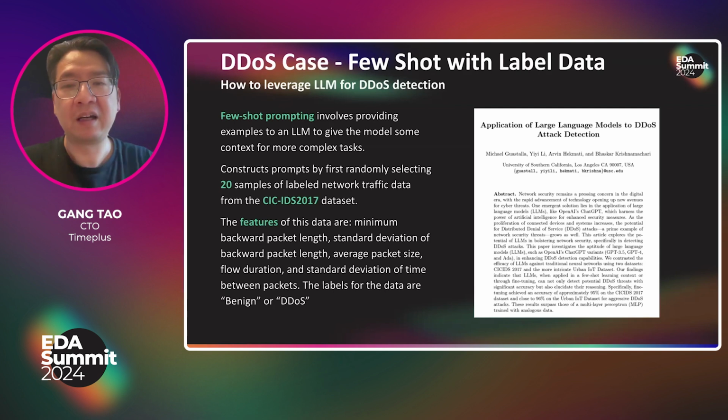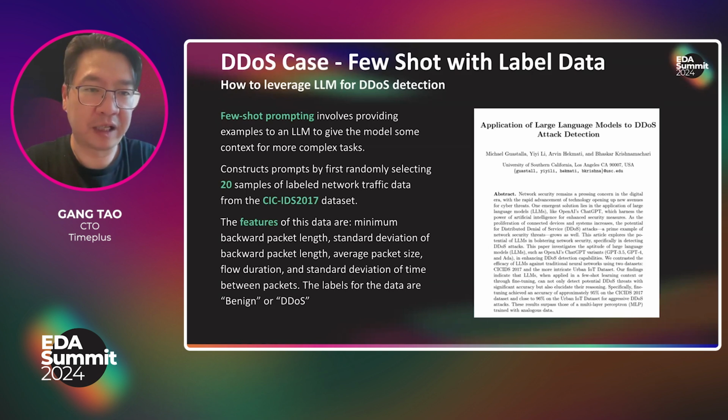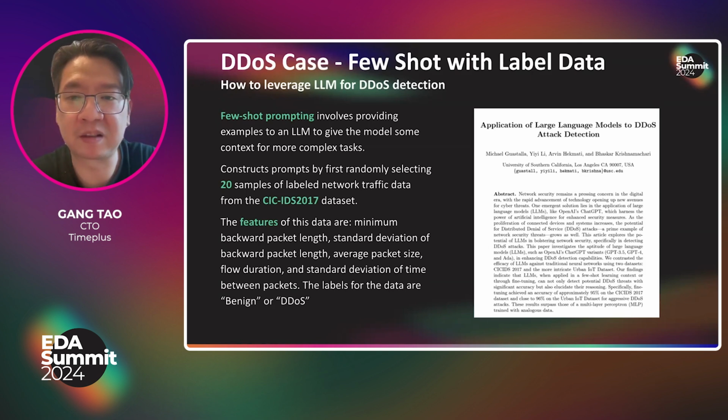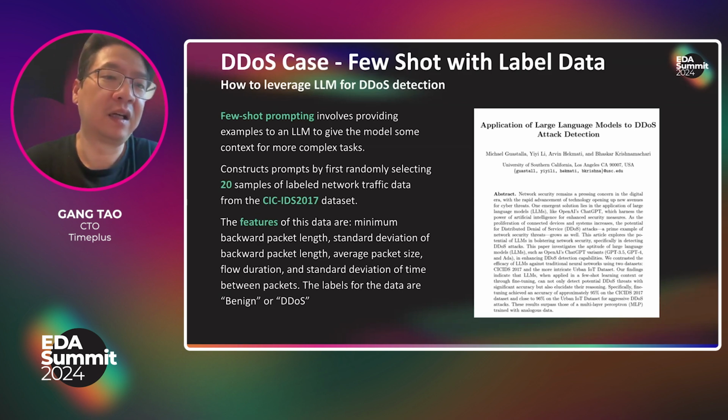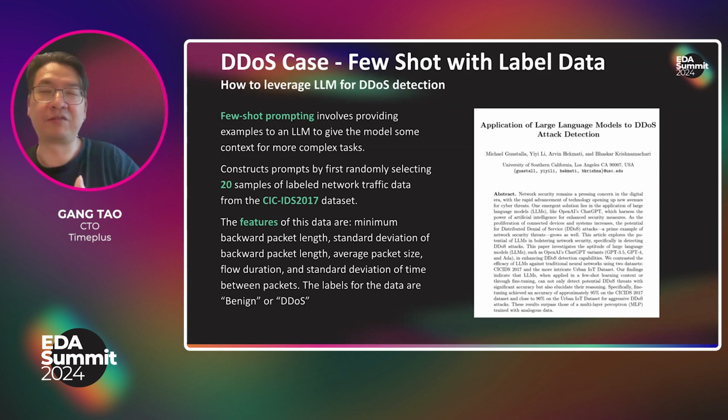But today, what I'm going to show is how we can leverage a large language model to do that, right? In our case, we reference the paper on the application of large language models to DDoS attacks. In this paper, it leveraged a method called few-shot prompting, which means few-shot learning.